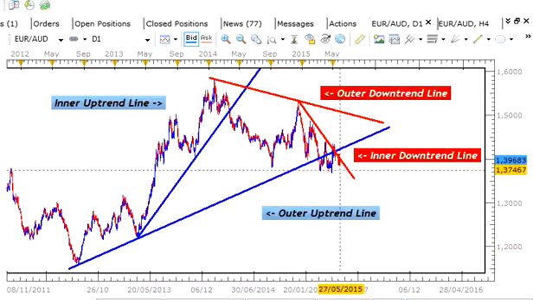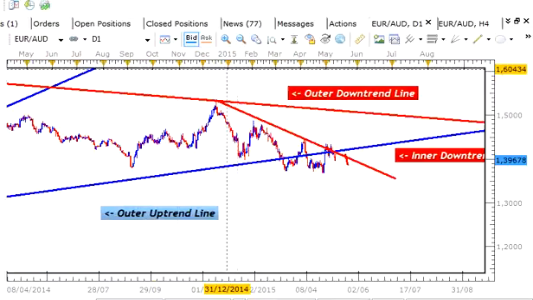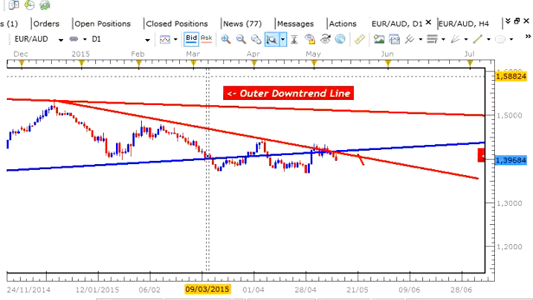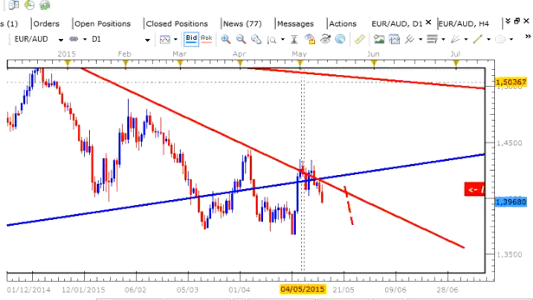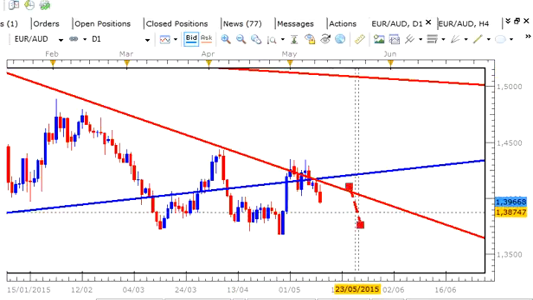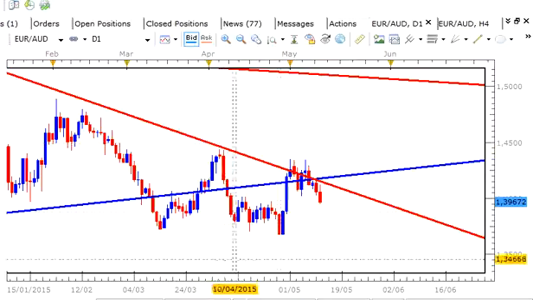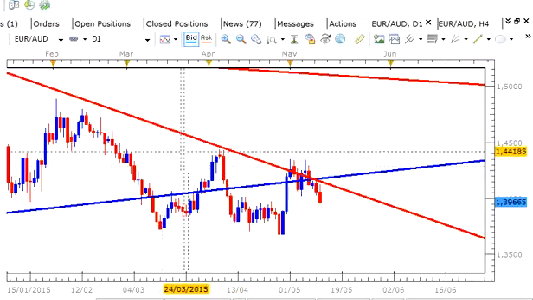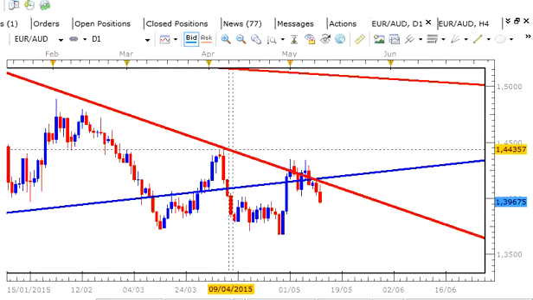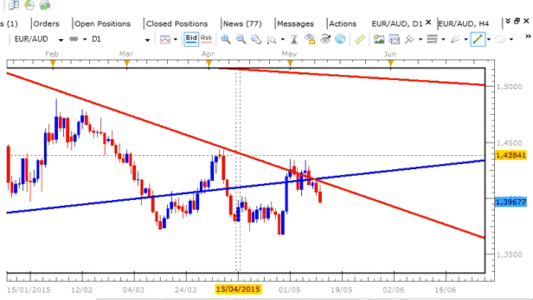Now, in terms of an immediate situation that could unfold and present itself for a trading opportunity, we can see here that the market has been moving sideways as it broke below this outer uptrend line. Now, as we can see from the pattern of the candles that have been formed, we could be seeing the setup of a pennant consolidation being formed in this area.